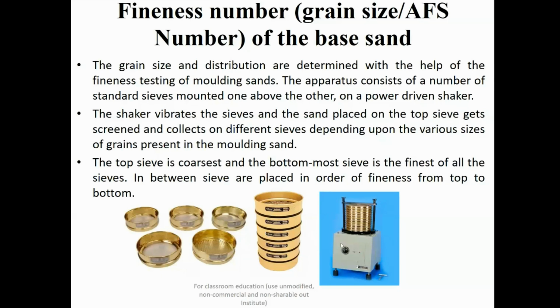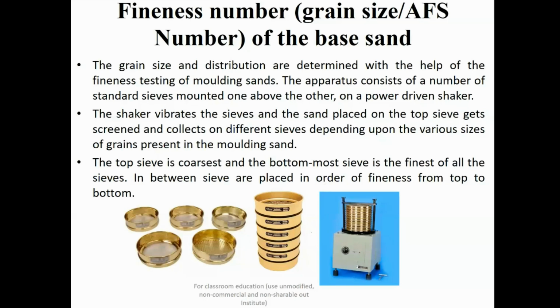If you switch on the button, it will start shaking these sieves, and whatever sand you fill at the top of the first sieve will be separated out according to the particle size. The shaker vibrates the sieves, and the sand particles get screened and collected on different sieves depending upon the various sizes of grains present in the molding sand.